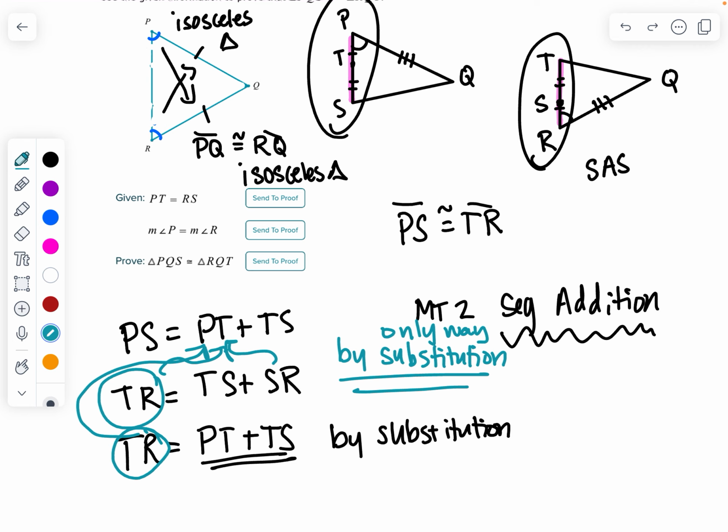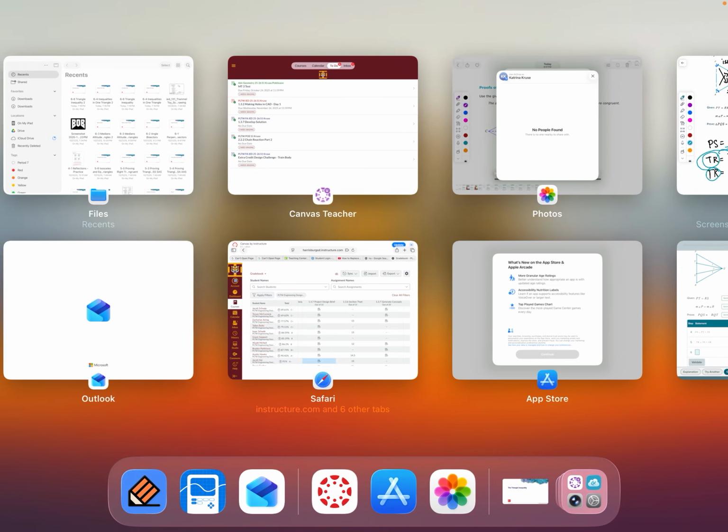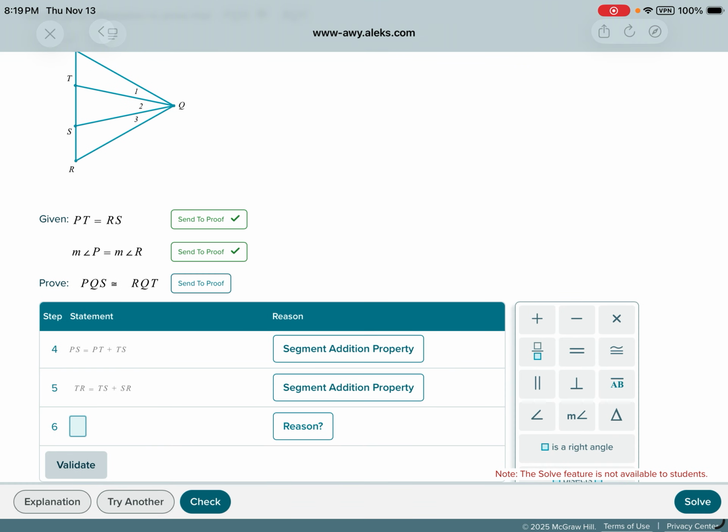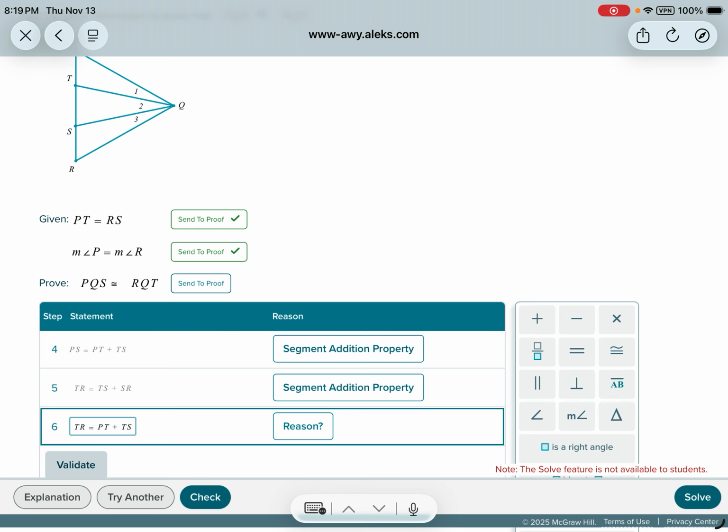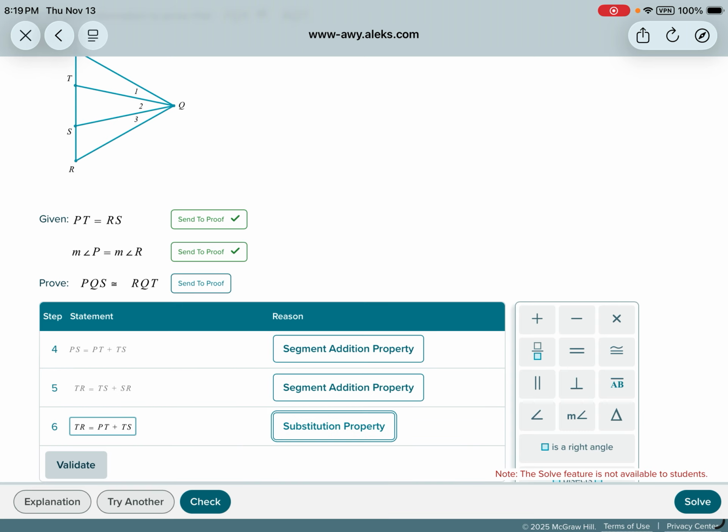That's going to be our next step in the proof. So TR equals PT plus TS. And the reason, we're just going to substitute out the SR for PT. And we can do that because our given was that they are the same thing.